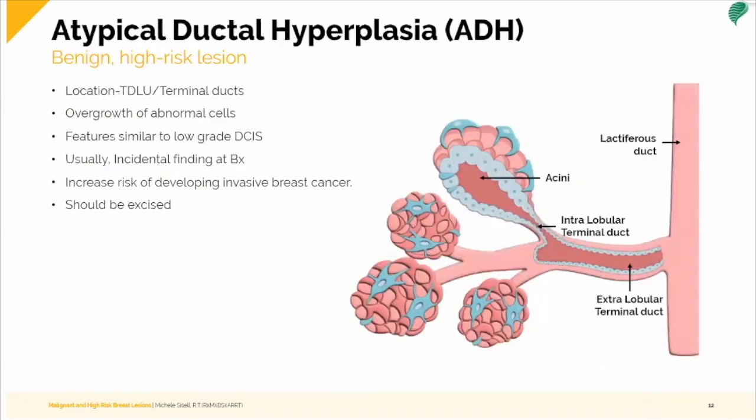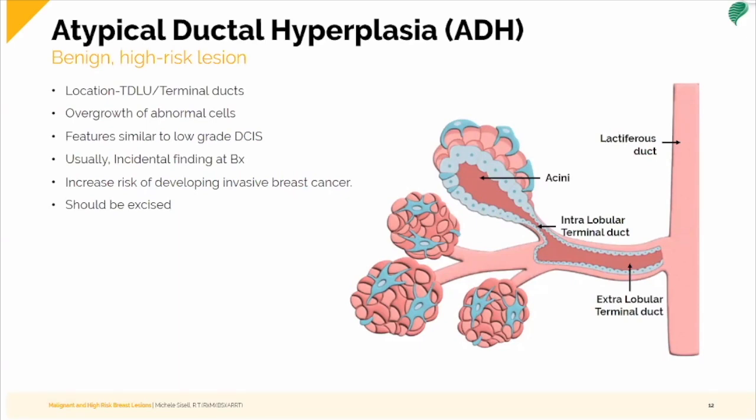Atypical ductal hyperplasia is also ADH. This is a benign high-risk lesion, as we just discussed. It is located in the terminal duct lobular unit, so the TDLU. Here you can see this image, and it's showing you the TDLU and all the encompassing parts of the TDLU.